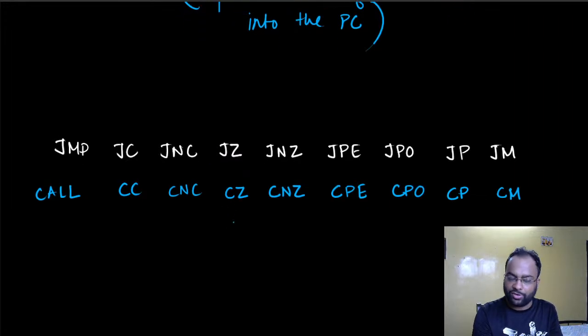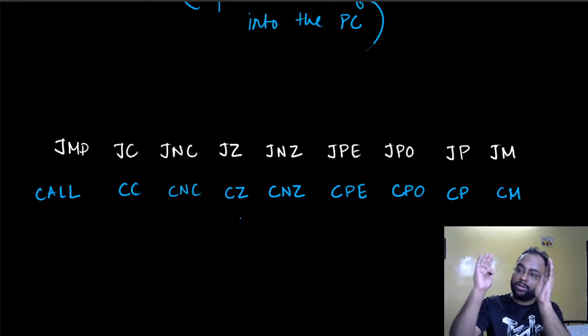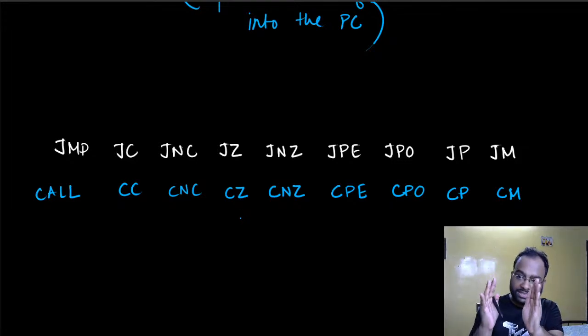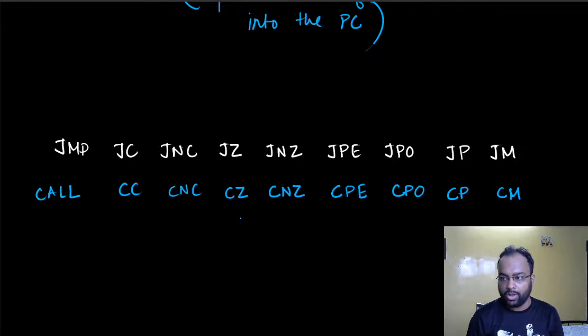The same thing for the CZ instruction, the program counter will be set to the address of the subroutine if the zero flag has been set. Otherwise, the next instruction will be executed. The only thing is that the call instruction automatically saves the return address into the stack. So, in a sense, jump and call are very similar in nature.